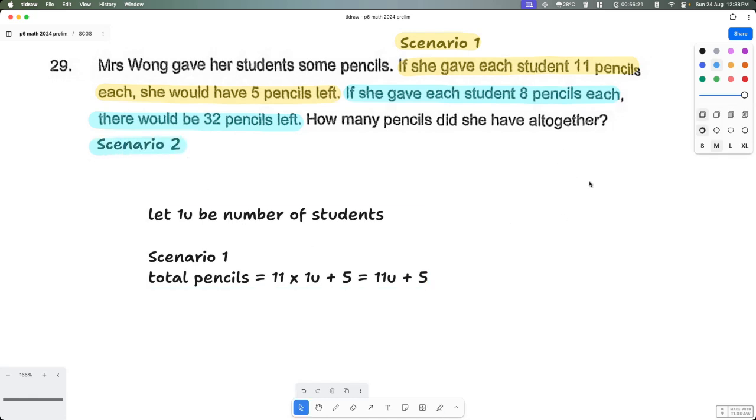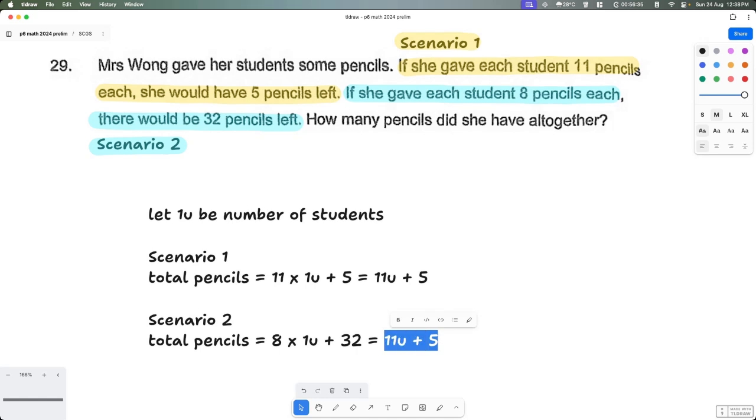So scenario 2 will be similar. Total pencils equal to 8 times 1 unit, and then we have 32. So that means this is 8 units plus 32.